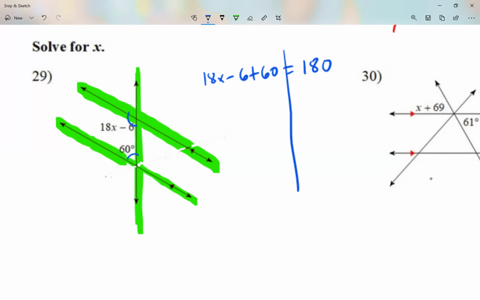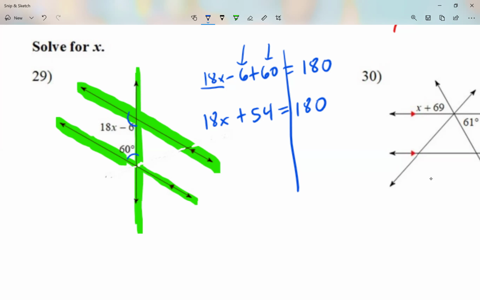I can simplify the left side a little. When it comes to letters, I only have 18x. But number-wise, negative 6 plus 60 happens to be positive 54. The signs were different, so I subtracted 60 minus 6 and kept the sign of the larger one, so positive, and this is all equal to 180.